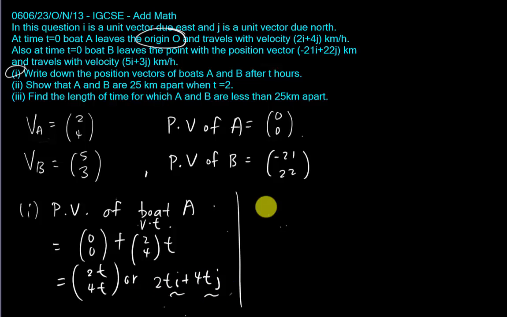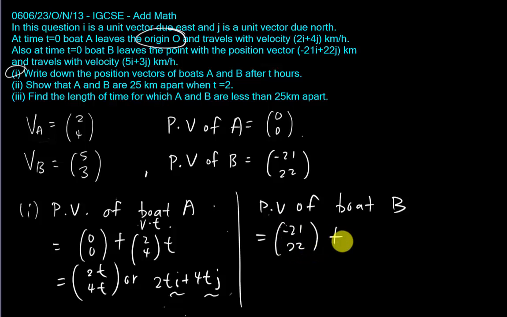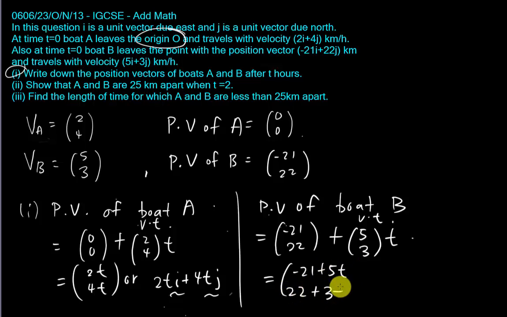Same thing for the position vector of boat B. First is the original position, at t equals 0, which is negative 21 and 22. And the boat is going to move, so you remember velocity multiplied by time. The velocity itself is 5, 3, and time is just t. Grouping them together becomes negative 21 plus 5t and 22 plus 3t.